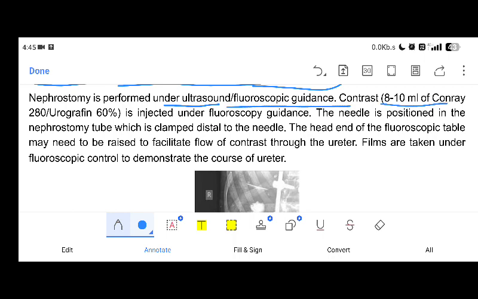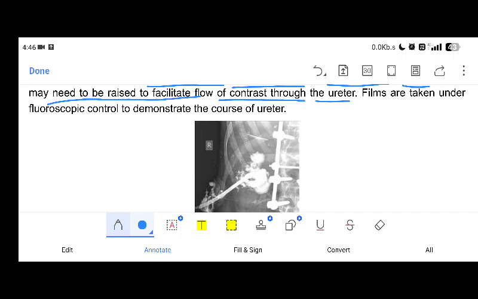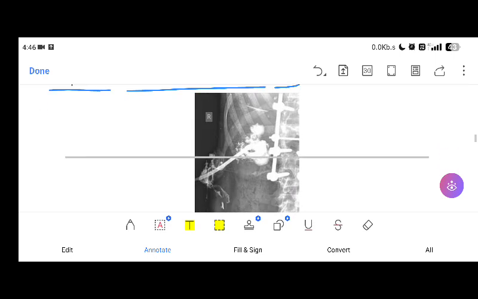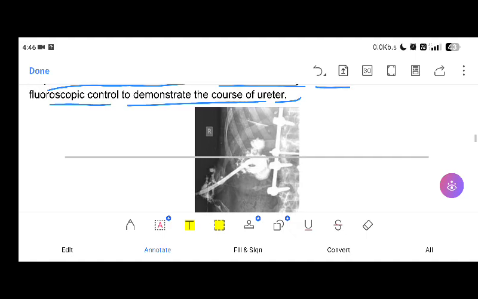Contrast, 8 to 10 ml of Conray 280 or Urografin 60%, is injected under fluoroscopy guidance, and the needle is positioned in the nephrostomy tube, which is clamped distal to the needle, and the head end of the fluoroscopic table may need to be raised to facilitate flow of the contrast through the ureter, and films are taken under fluoroscopic control to demonstrate the course of the ureter. So this is the nephrostogram.